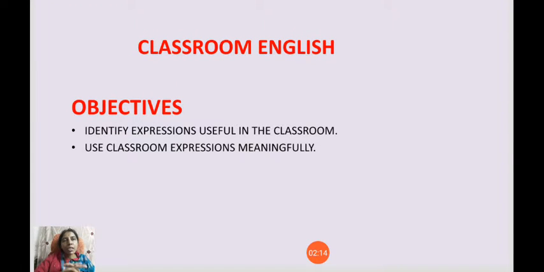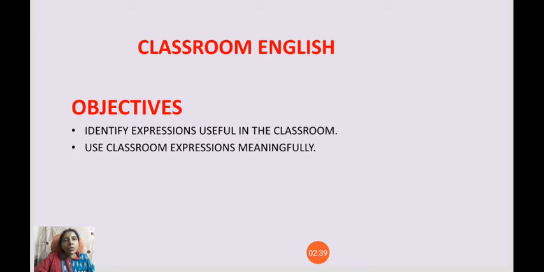So in this class, you are able to identify useful expressions that you use in the classroom. You are going to identify the expressions useful in the classroom.